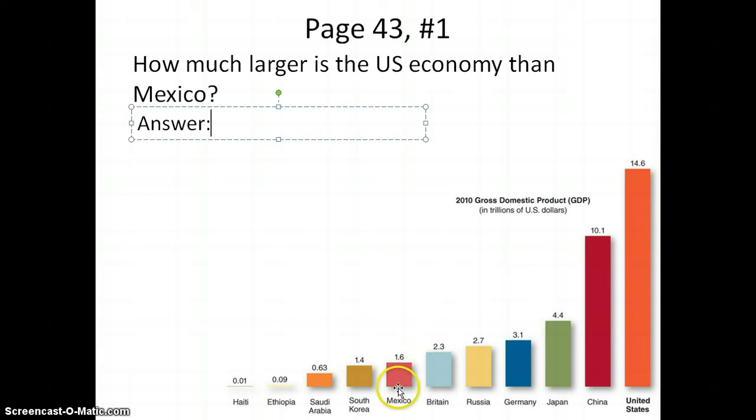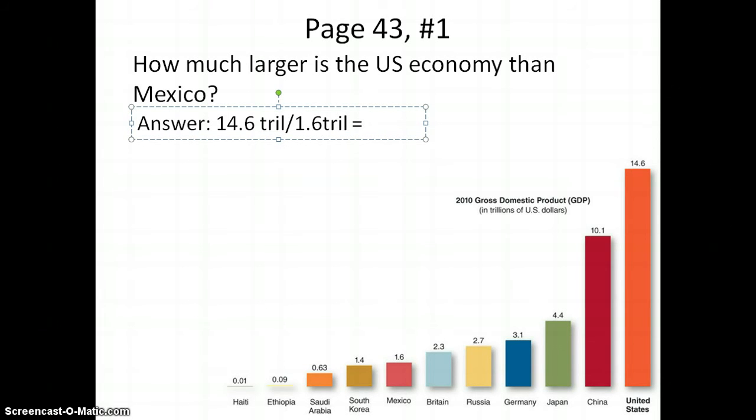So we want to know how many times this little pink bar can fit in the U.S.'s orange bar. If we were to stack them up on top of themselves, how many times would we need to draw Mexico's bar? So we're taking the U.S. GDP of 14.6 trillion and dividing it into a bunch of Mexicos and seeing how many can fit in it.